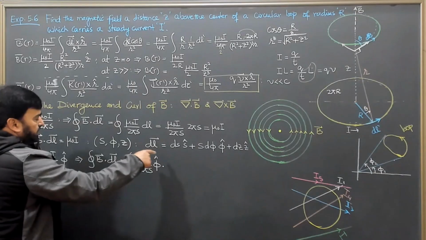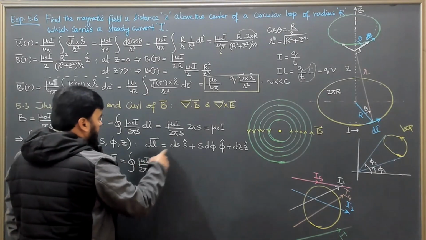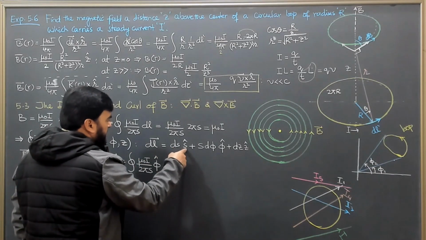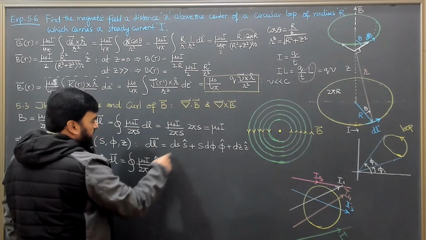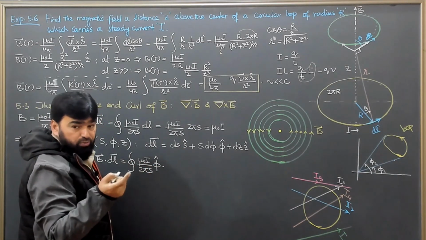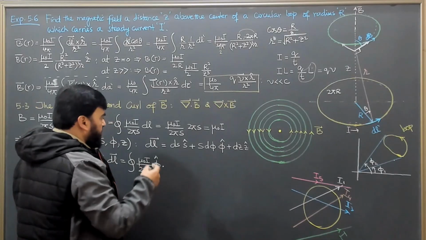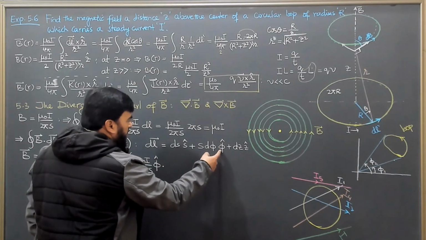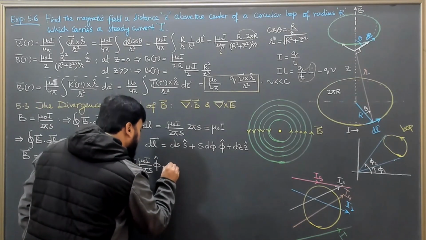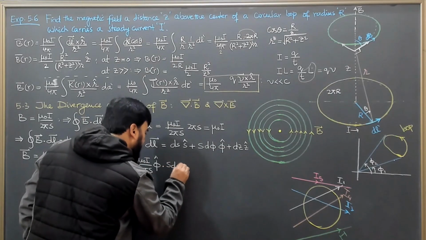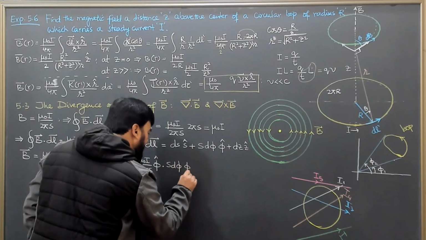dot dl. Then ds in the s unit vector with the phi unit vector will become 0 because they are perpendicular to each other. With this one, it will give you s d phi in the phi unit vector.